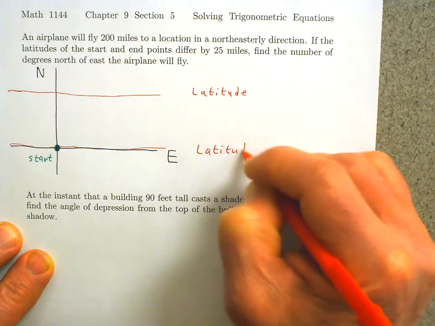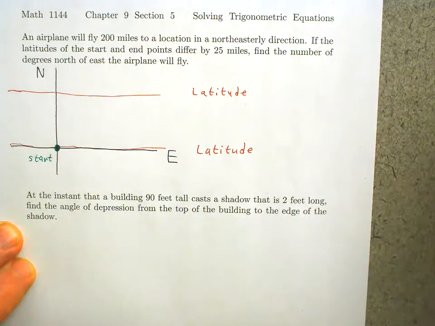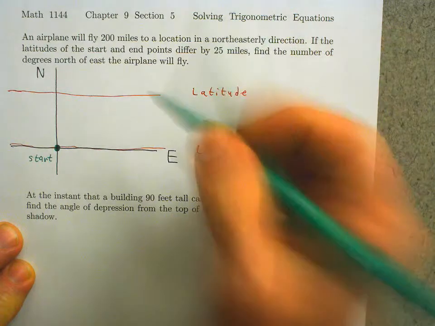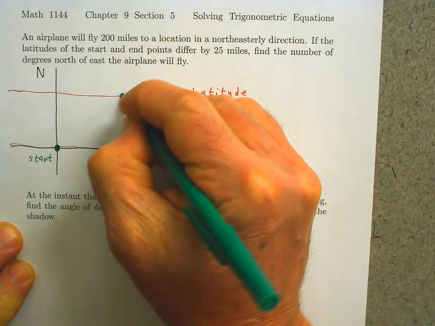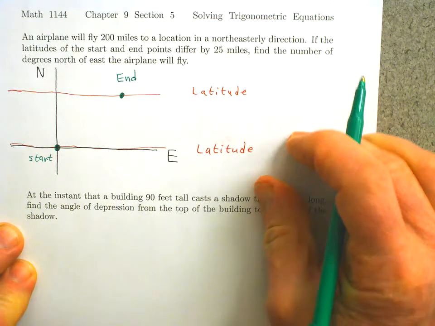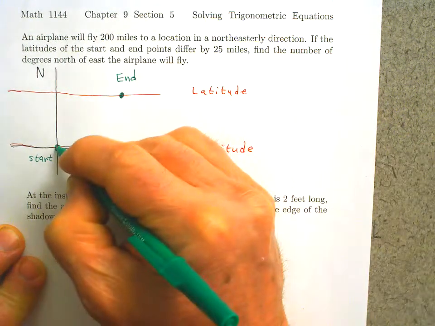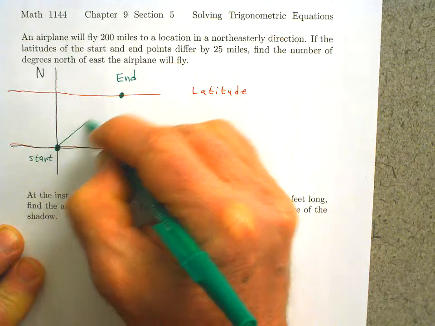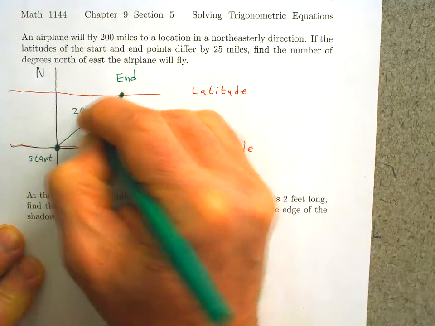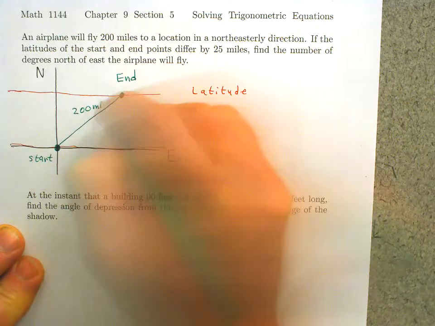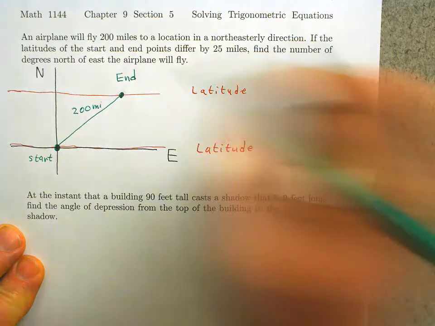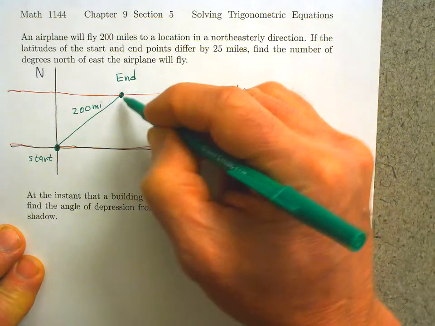The latitudes are parallel. So let's just say that this point right here is the end point. And the airplane flew from here to there. And that distance is 200 miles. But the latitudes differ by 25 miles.